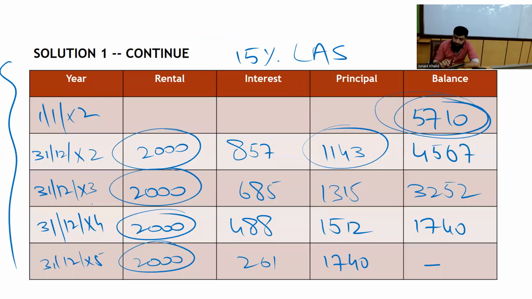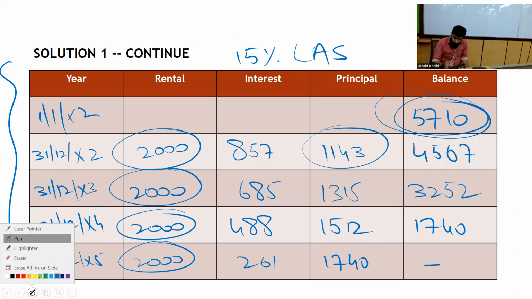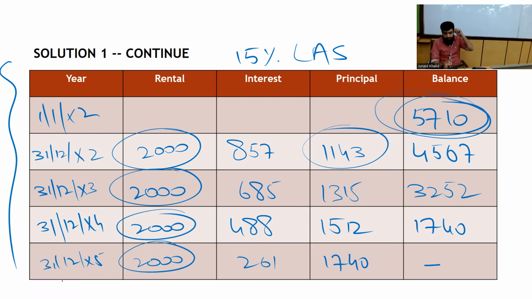Now, what would be the finance cost for the year ended 31st December 20x2? Look at the table. At the end of the year, we had an interest expense of 857. How?